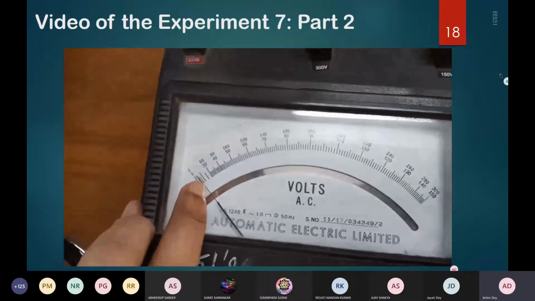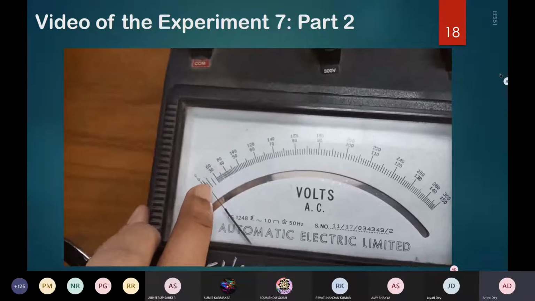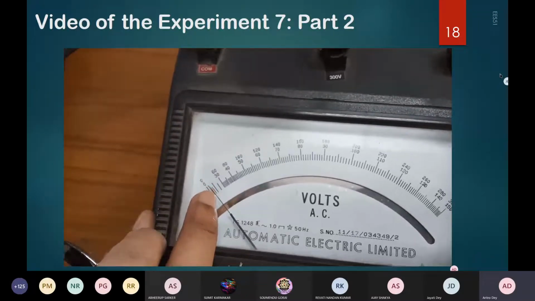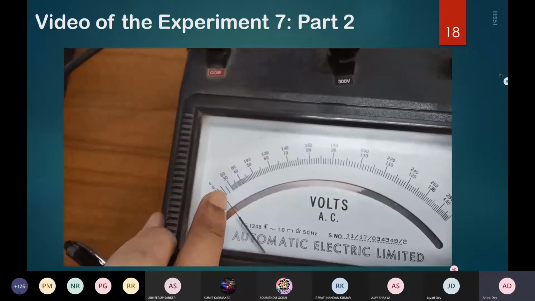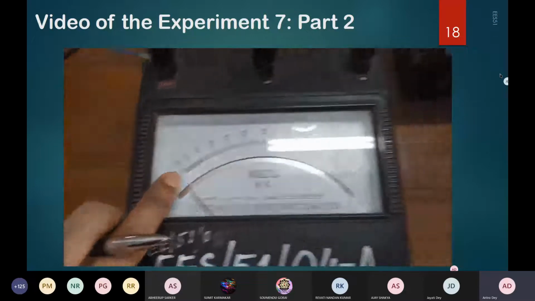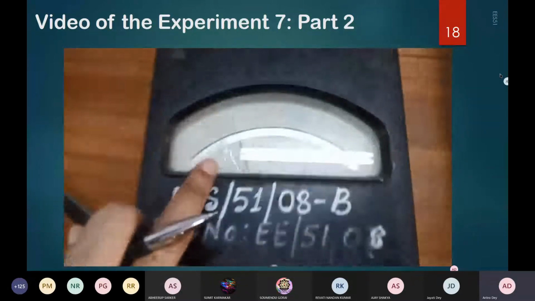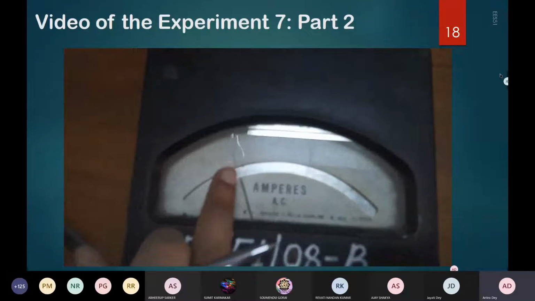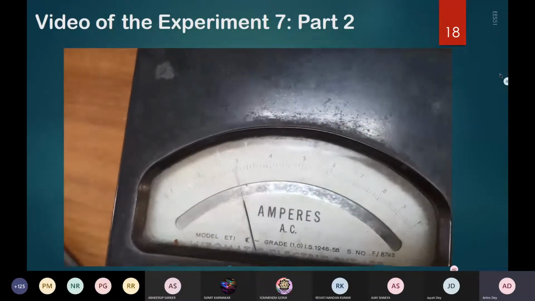So you can see it is near, it has not actually gone to 40 but is close to that, and we can see the A1 reading, which is 0.3 ampere.